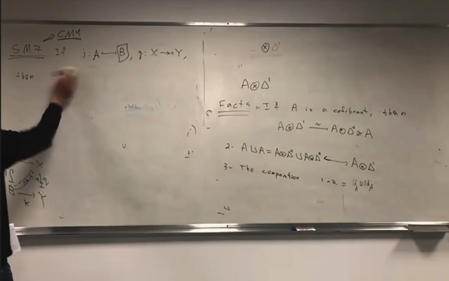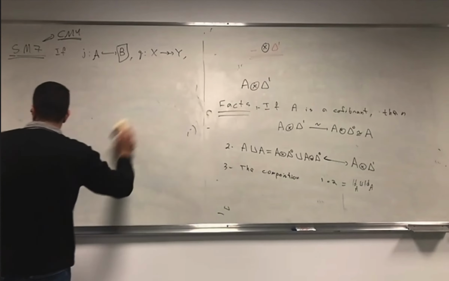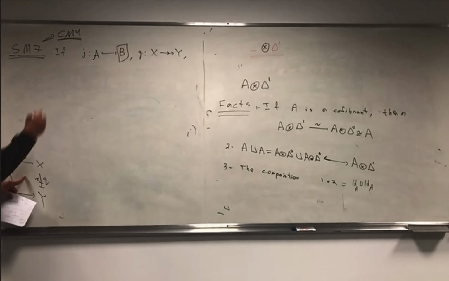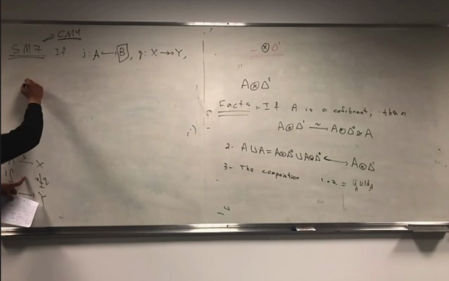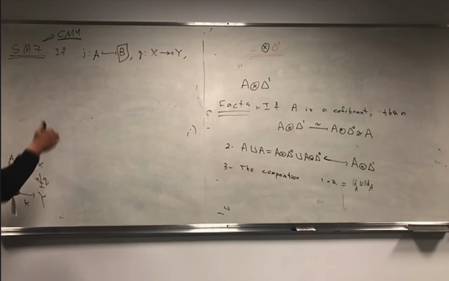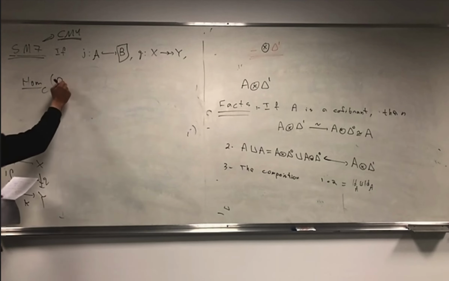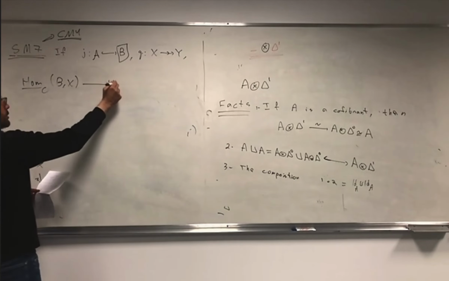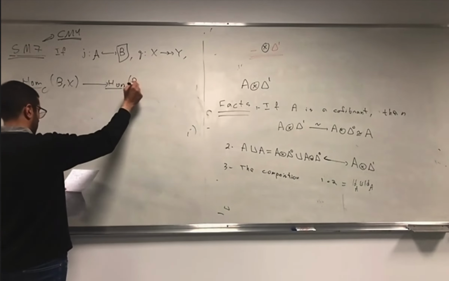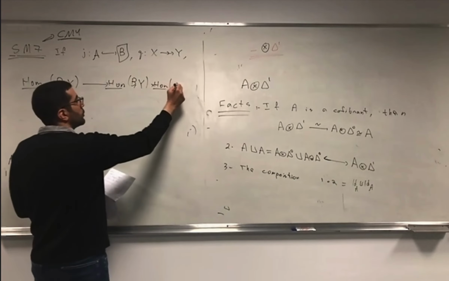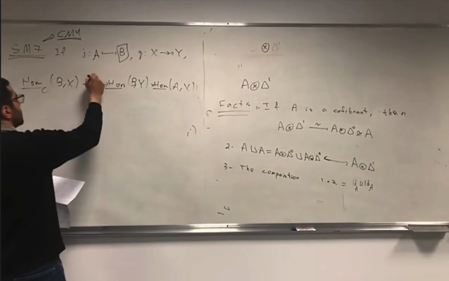We have this diagram and this diagram, and we know that this map is a Kan fibration in the world of simplicial sets.